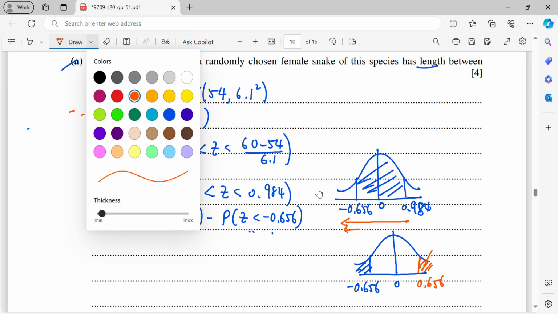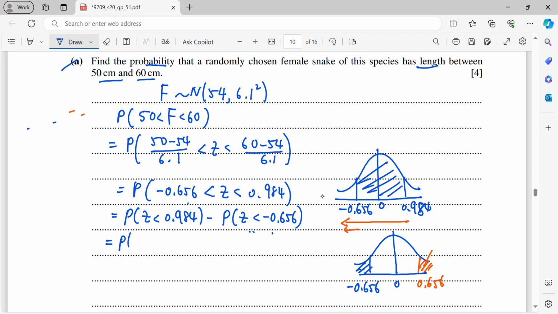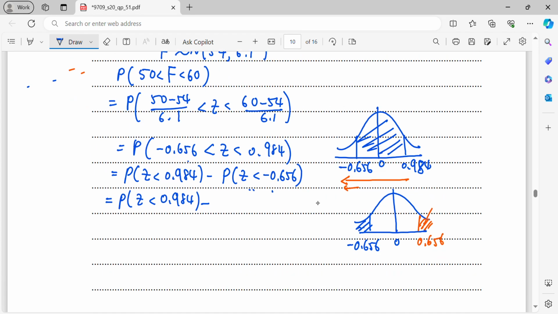So I will say that here it is same as P(z less than 0.984) minus the blue region after you flip, because it is symmetrical at the origin, at the 0. So I will say that it is same as the orange region. So now this orange region, okay, it is same as total probabilities 1 minus P(z less than 0.656). That will be the orange region. Okay, so here you can just write 1 minus P(z less than 0.656).